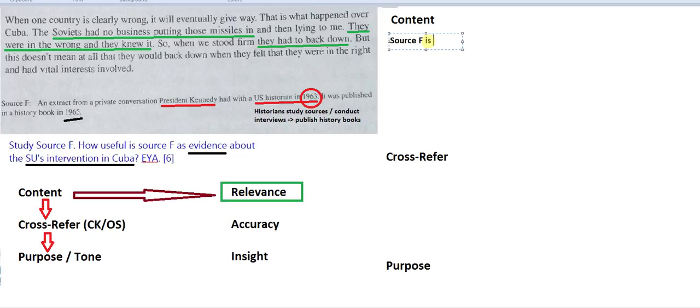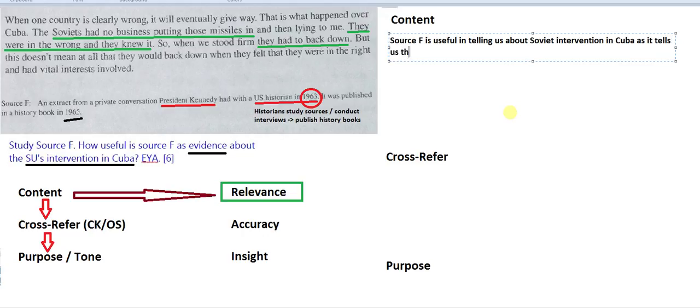Source F is useful in telling us about Soviet intervention in Cuba, as it tells us how the Soviets intervened in Cuba.